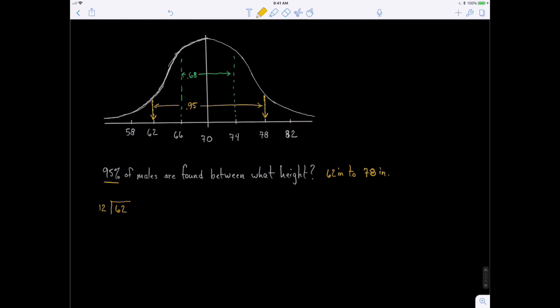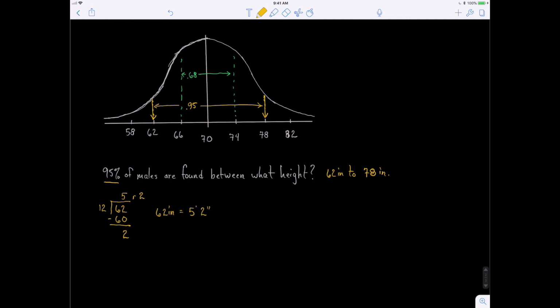Well, 12 goes into 62 5 times. 5 times 12 is 60. We subtract the 60 and we get a 2. So we have 5, remainder 2, and that's the answer. The answer is 62 inches is equal to 5 feet 2 inches.